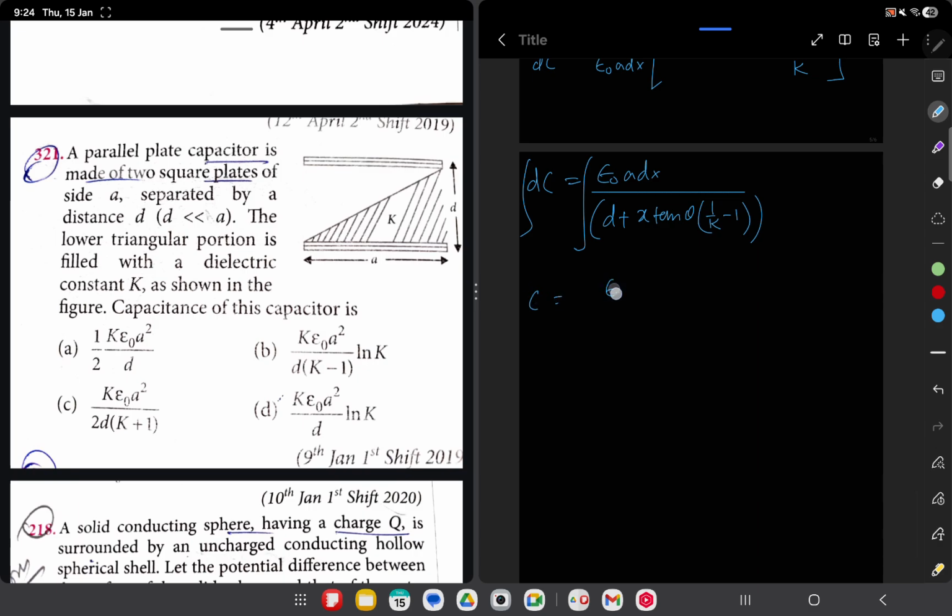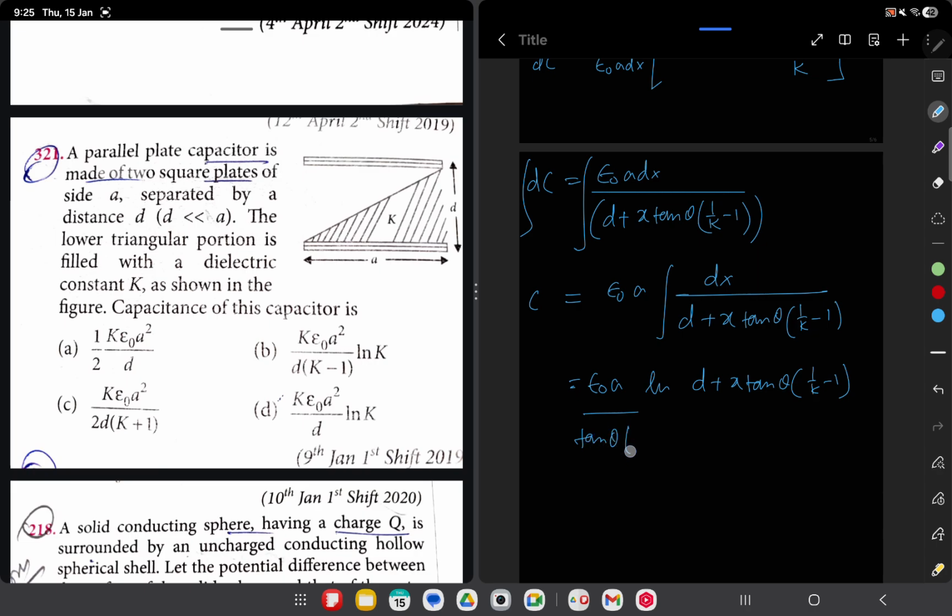Now c equal to epsilon naught a dx by d plus x tan theta 1 by k minus 1. You can write this as epsilon naught a ln d plus x. Integration of this is a simple thing, here it will be tan theta 1 by k minus 1. Now just put the limit 0 to a.